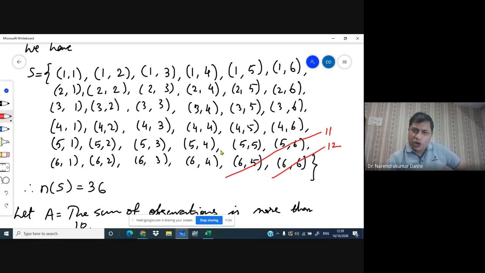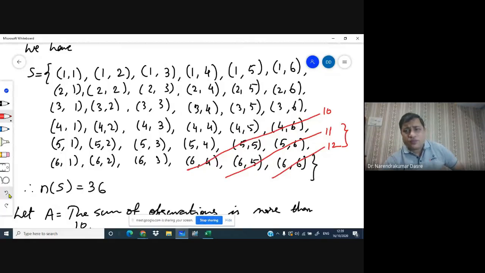If you draw the line here, all the observations on that line will have the same sum. That's why I have asked you to write this way. So here there are two lines having sum more than 10, and this is the line with the sum 10. We have to consider only those observations which lie on these two lines. That's why we have written the observations in this manner, so that we can easily get this.